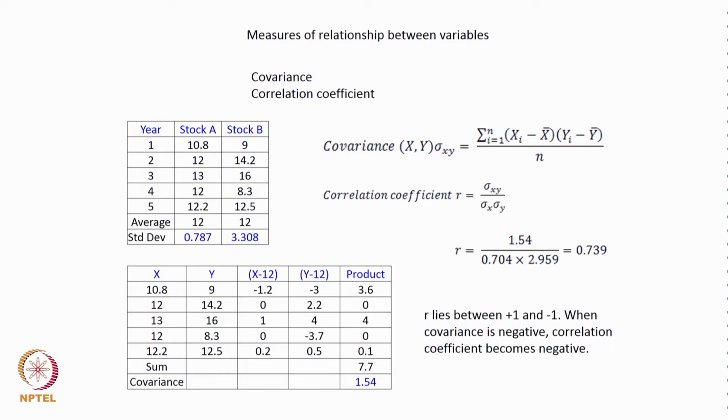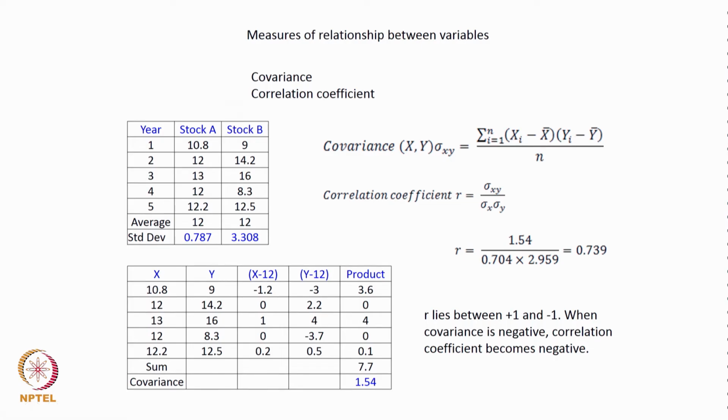So to be consistent, I have divided it by n in both the cases. Therefore, instead of dividing by 4, which was done here, I have divided by 5, and then you realize that this 0.787 becomes smaller because I have divided it by 5. So to be consistent, since I have divided it by 5 here, I have to divide by 5 to get these values, and the correlation coefficient is 0.739.